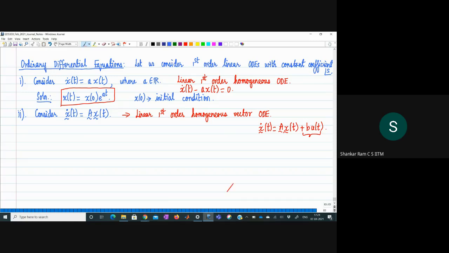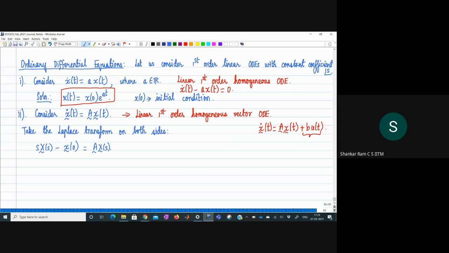Now let us say we take the Laplace transform on both sides. For x dot, we will get s X of s minus x0, and that is going to be equal to A times X of s. We use the same formula for the Laplace of the derivative, although the derivative is a vector derivative.